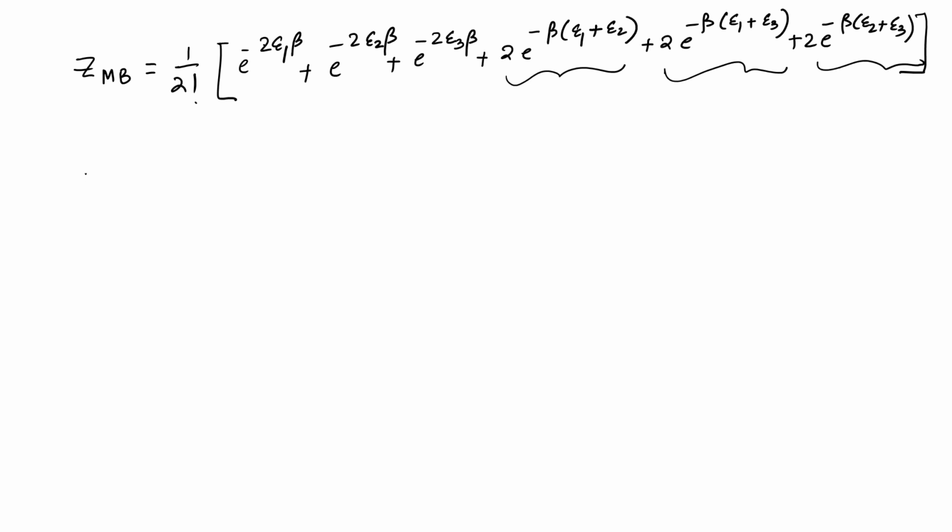Okay. So, what is it for the BE case, the Bose-Einstein? As I said that we do not need any factorial. So, we have exponential minus 2 beta epsilon 1 plus exponential minus 2 beta epsilon 2, just like the Maxwell-Boltzmann case, and then it is exponential minus 2 beta epsilon 3 plus there is a distinct state.